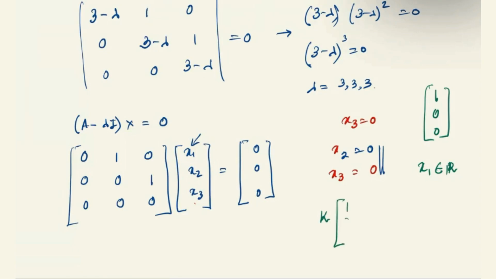So k times (1, 0, 0) will be the solution. And this is the set of eigenvectors for my matrix.